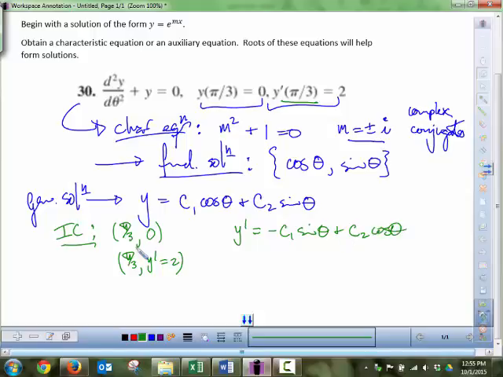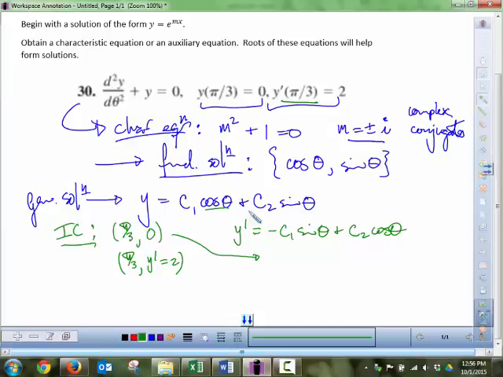And then we need to put pi over 3 into both of these equations. So if we put pi over 3 into the first equation, cosine, oh no, cosine. I'm looking at y itself. Cosine of pi over 3, is it 1/2 or root 3 over 2?